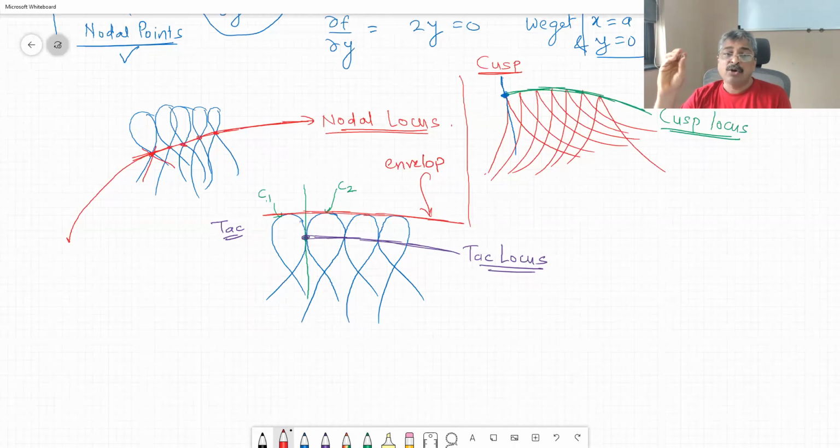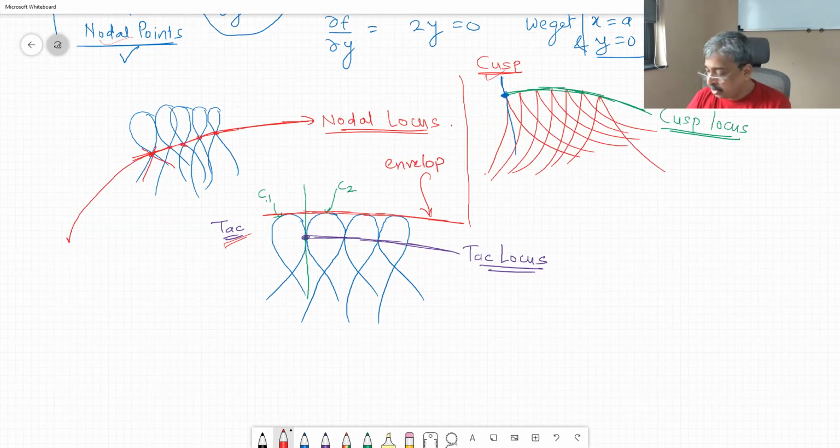So these are the singular points. Which are singular points? Nodal point, cusp, tack; these are special points, and these are special loci, basically the nodal locus, cusp locus, tack locus, and envelope.